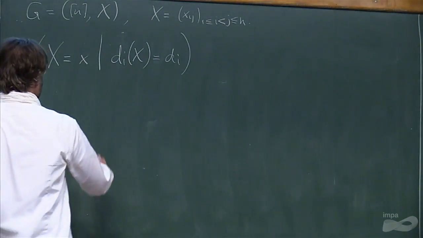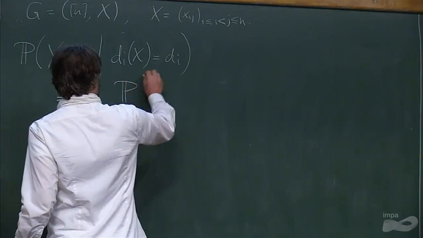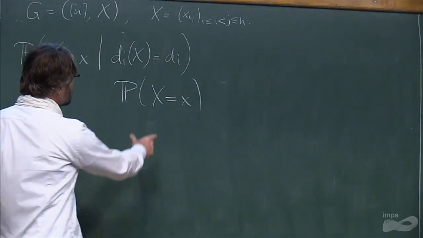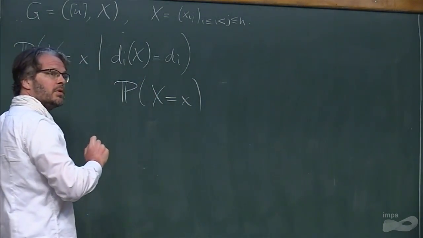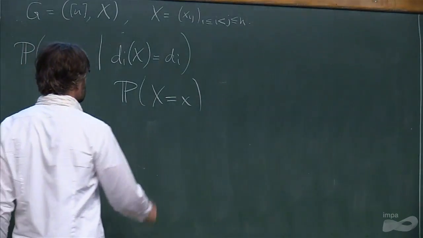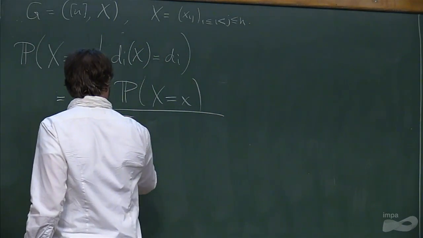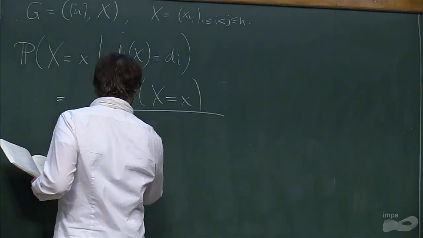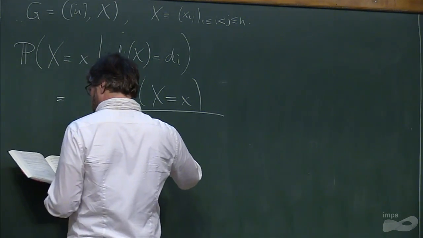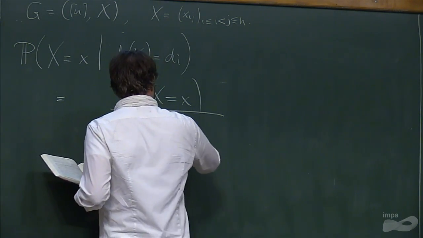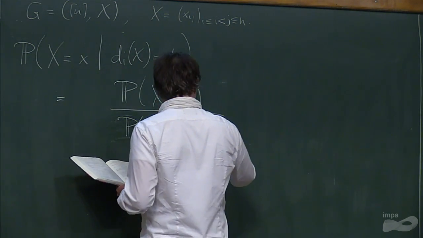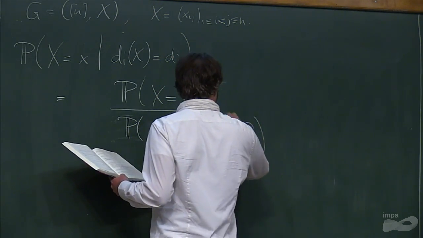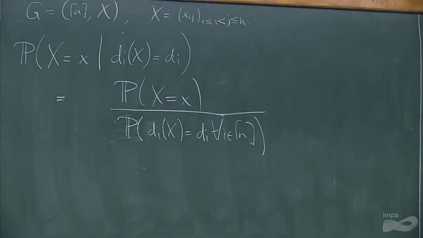Now this is a conditional distribution, so this is clearly the same as the probability of this intersected with that, but I'm assuming that my x is such that this actually is true. So then I don't have to take the intersection. And then I'm going to sum out over all, well, let me do it one step at a time. It's the probability that D_i(X) is equal to d_i for every i in n. So I've specified all the degrees to be little d_i.